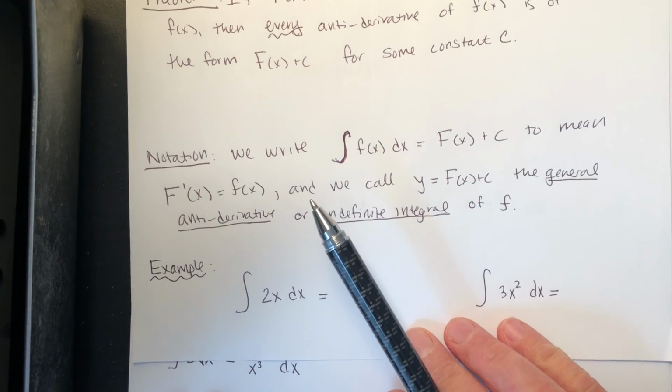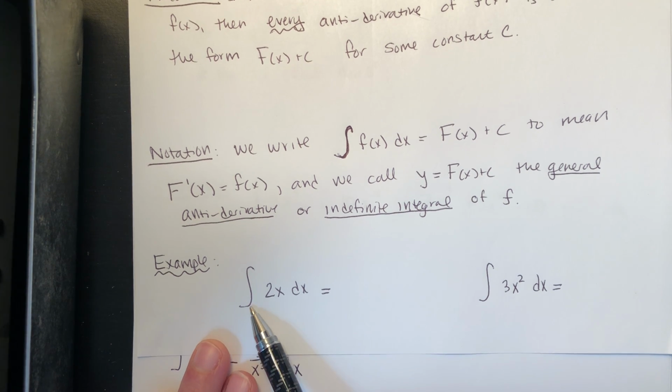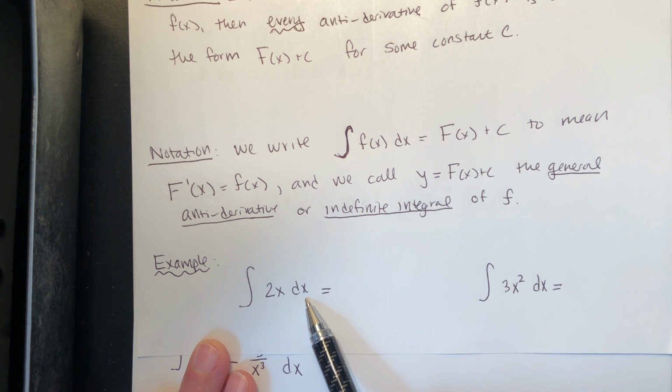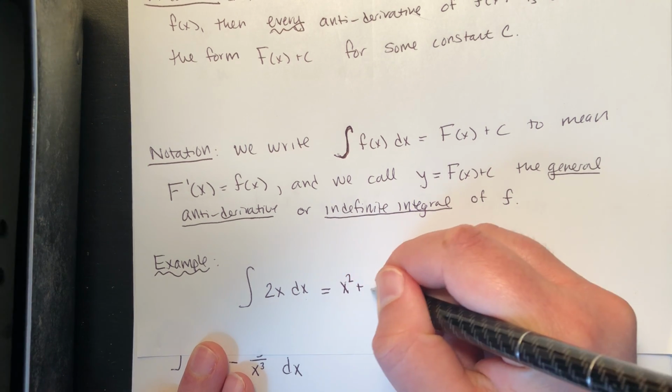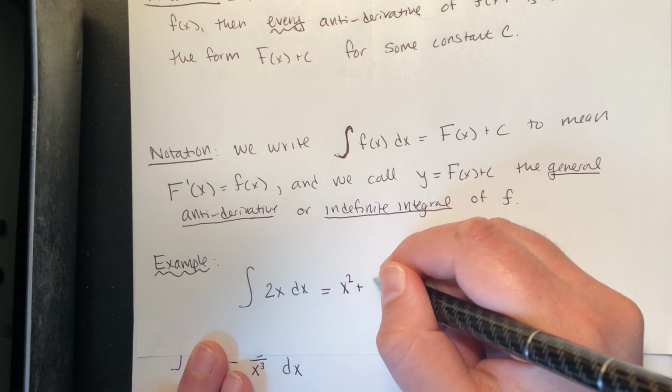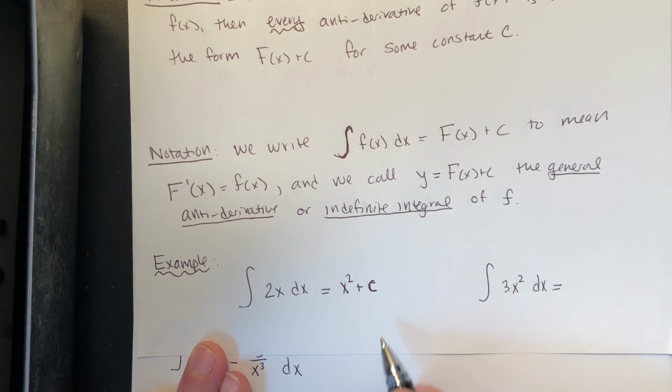Let me give you an example here. This notation means the general antiderivative of the function 2x with respect to x. We already talked about this. We know that all of the antiderivatives of 2x just look like x squared plus 17 or 372 or negative 1 or 0 or something. So we just write x squared plus c to say that this could be anything.